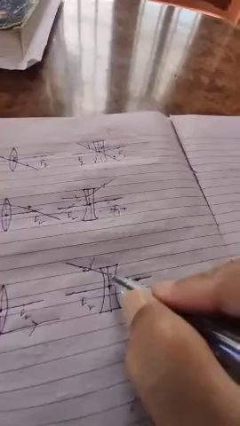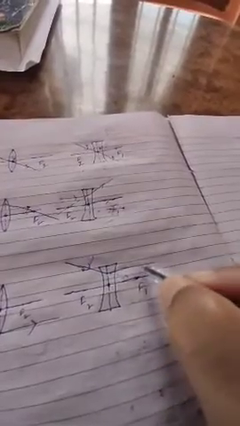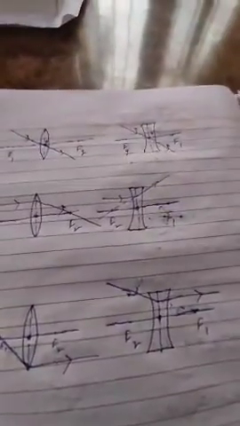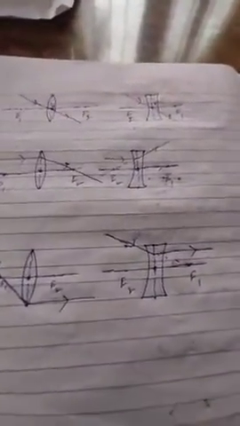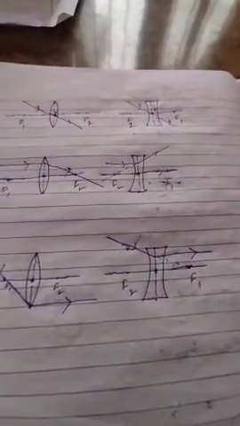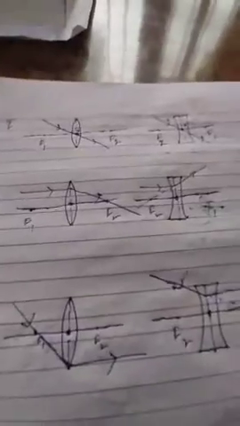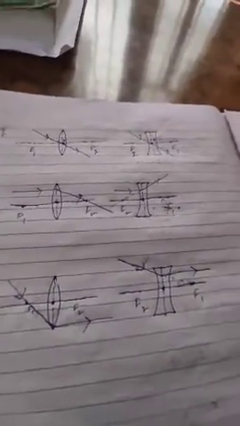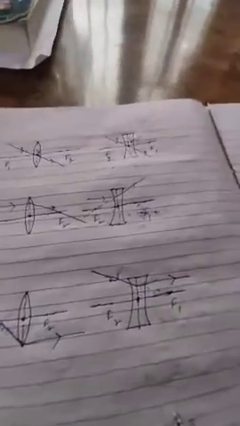So after the refraction it becomes parallel. So these are the three rules in order to make the construction for ray diagram. So you must follow it. Even we have done this in class 9th also. So you must practice it.